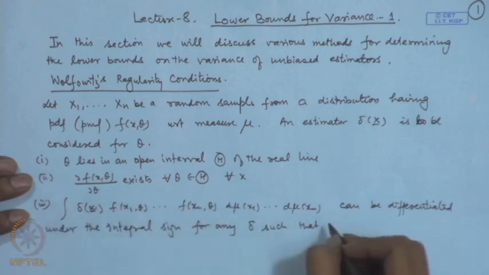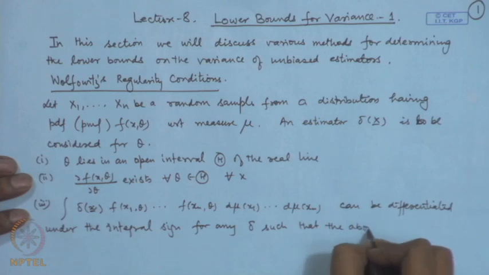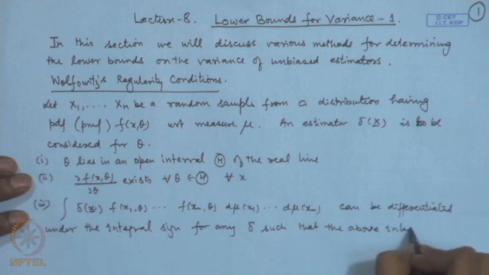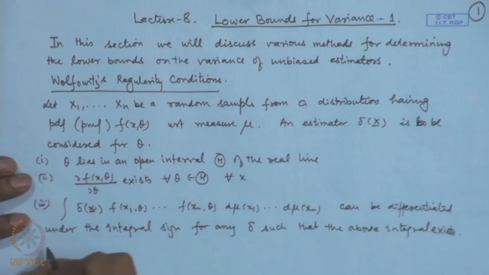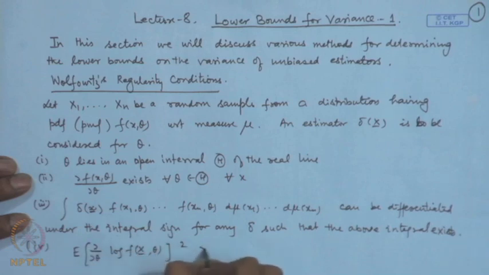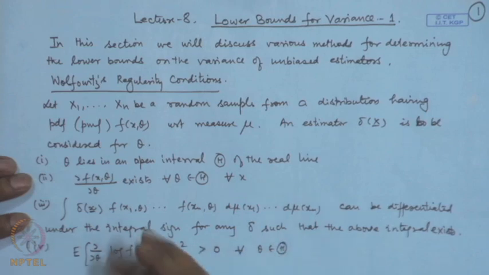That means this integral exists. That means for any integrable function, its expectation, or its integral, should be differentiable, so that the above integral exists. This is positive for all theta. Once again, this is related to the Fisher's information measure.